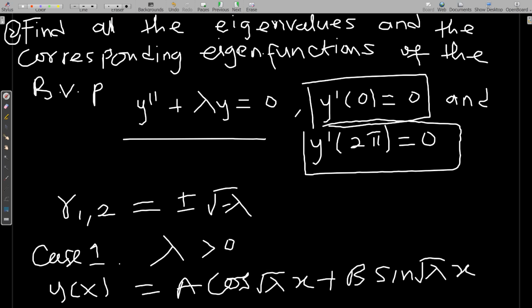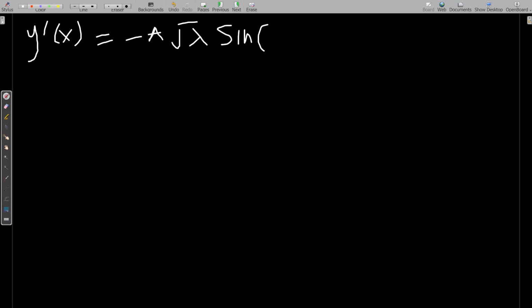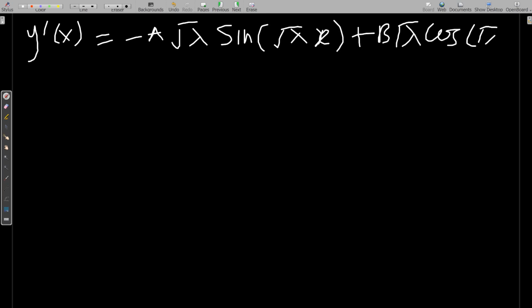Then you apply the boundary conditions. The boundary conditions are defined at y prime, so it means you have to find y prime of x using this case, and that is equal to minus a square root of lambda sine of square root of lambda x plus b square root of lambda cos of square root of lambda x. That's the derivative you have.